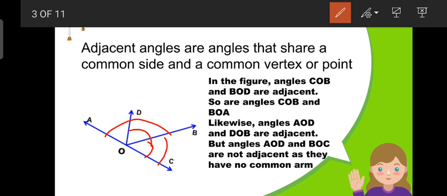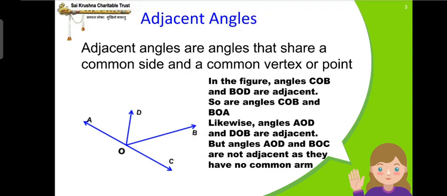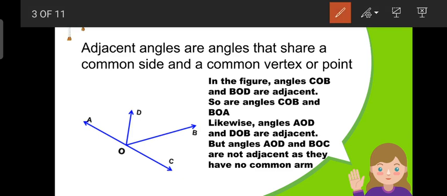Likewise, angles AOD and DOB are adjacent. AOD is this angle and DOB is this angle. So these two are also adjacent. But angle AOD, this angle, and angle BOC, this angle, are not adjacent as they have no common side.